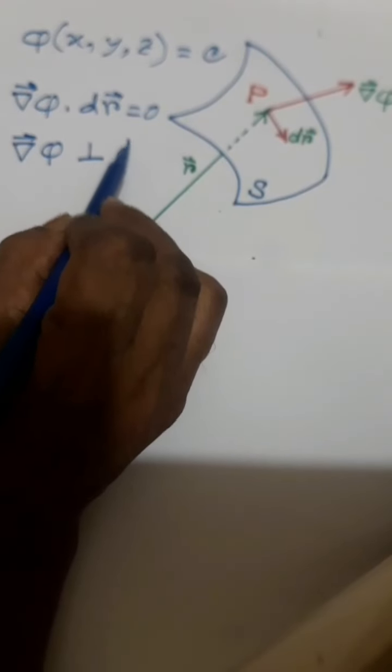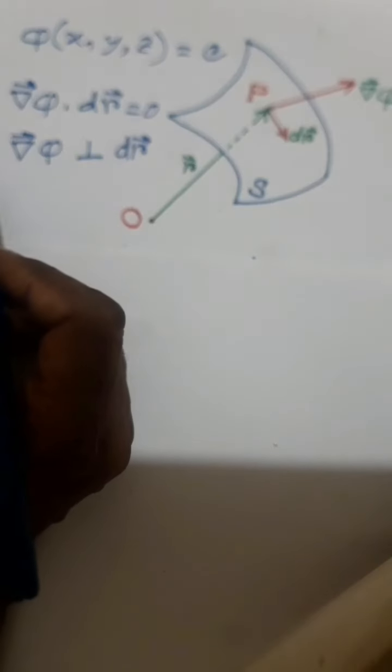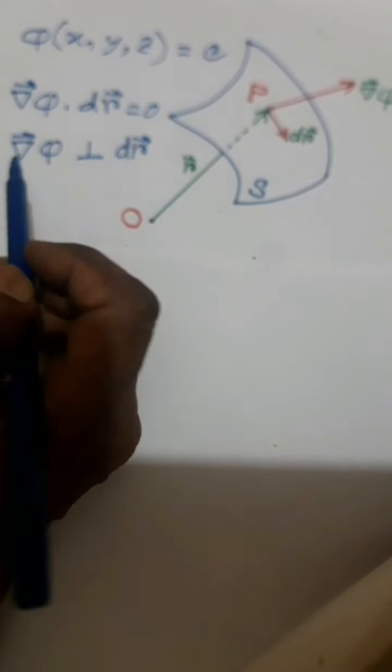Grad phi is a vector which is perpendicular to dr. Dr lies in the surface, therefore we may say that grad phi is normal to this surface.